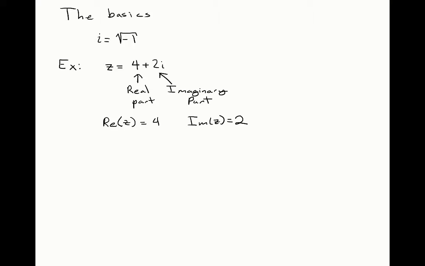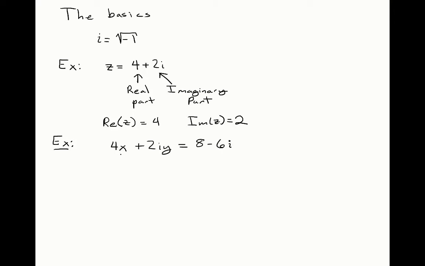So one thing that's cool about this part is that, and this is something we'll do in mechanics, when we write an equation with imaginary numbers, we can have a real equation and an imaginary equation. So let me show you what I mean.